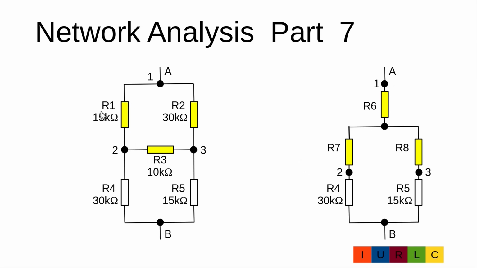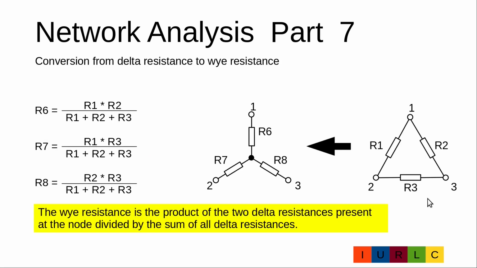Now we calculate from the resistors R1, R2 and R3 of the delta connection the new resistors R6, R7 and R8 of the Y connection. To transfer the delta resistors into the Y resistors, we use these 3 formulas for R6, R7 and R8.